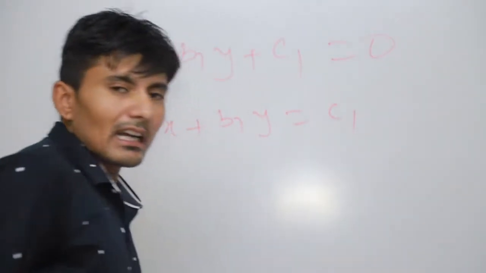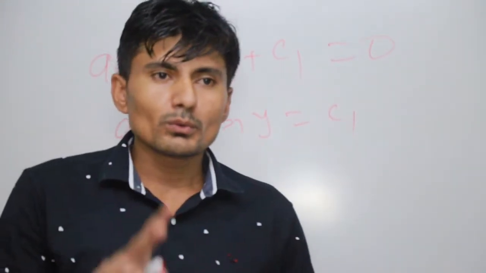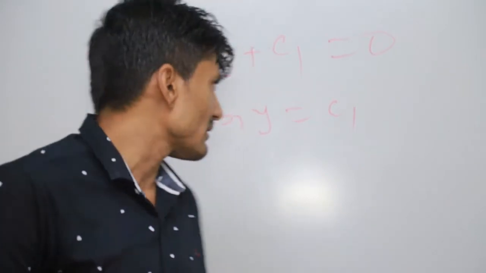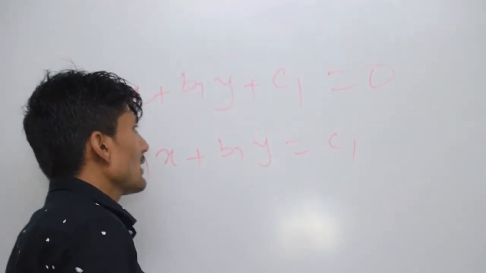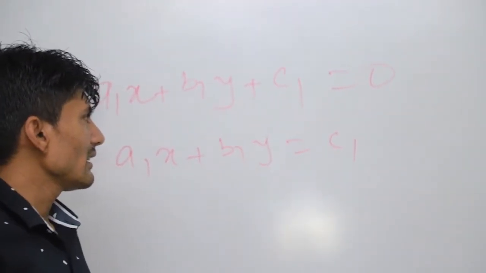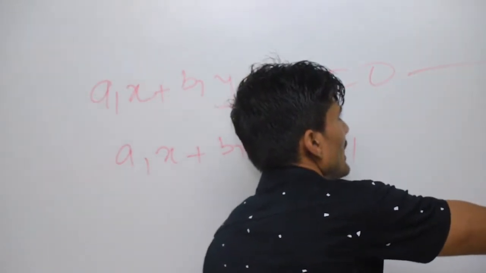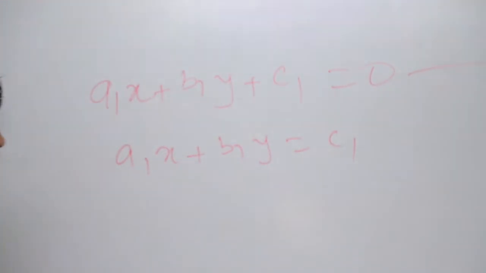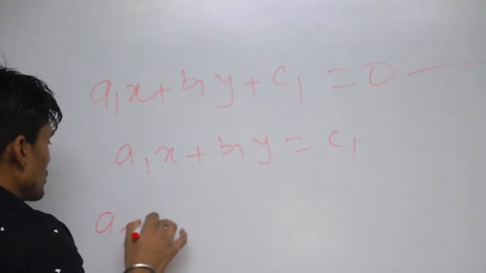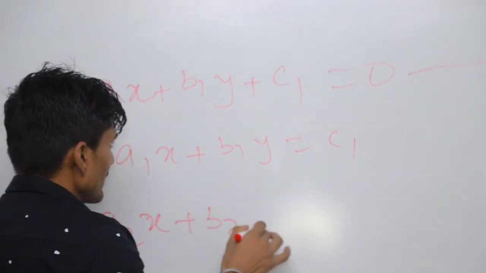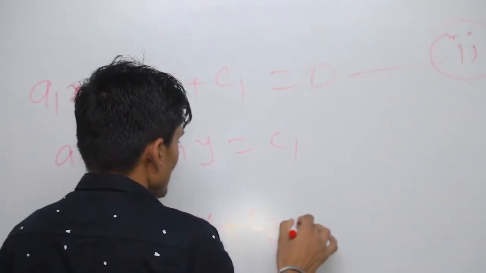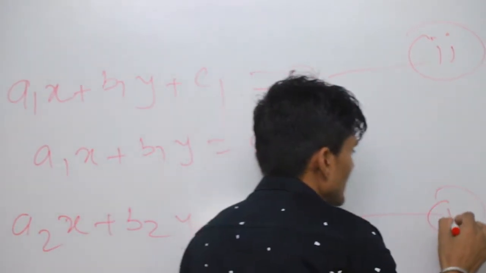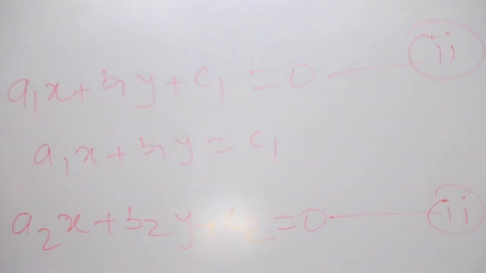In this chapter we have to study a pair of linear equations. If a1x plus b1y plus c1 is one linear equation, then we take another linear equation, a2x plus b2y plus c2 equal to 0, which also has two variables.